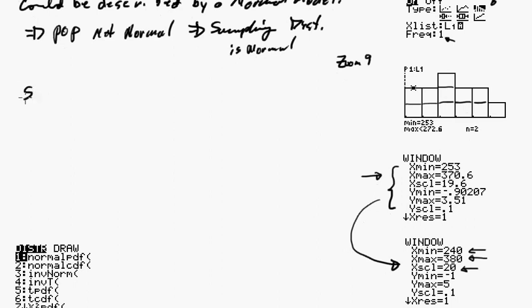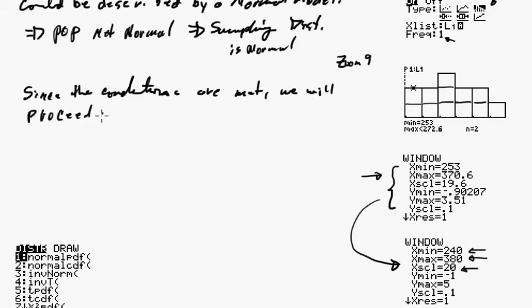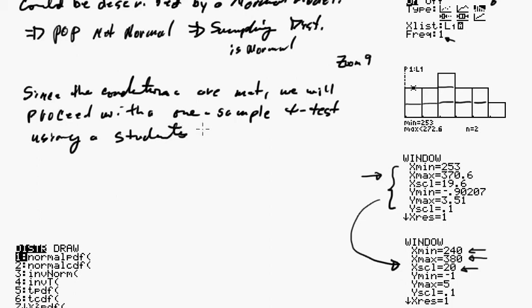So we're going to say, since the conditions are met, we will proceed with a one sample t-test using a Student's t-model with n minus 1, so 12 minus 1, 11 degrees of freedom.